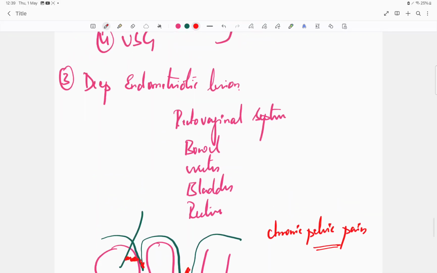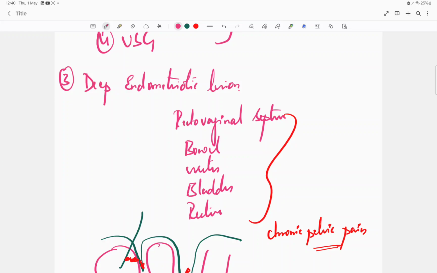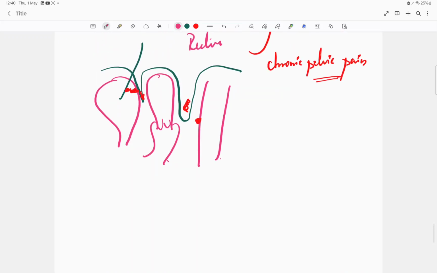Now, what are the important things that you have to remember? All the structures you have to remember, and very importantly, I told you the depth of 5 mm. Now I'm telling you the lesion is going here, here, and here. Now what happens here? The inflammation will set in, right? So this will become narrow because of the inflammation.